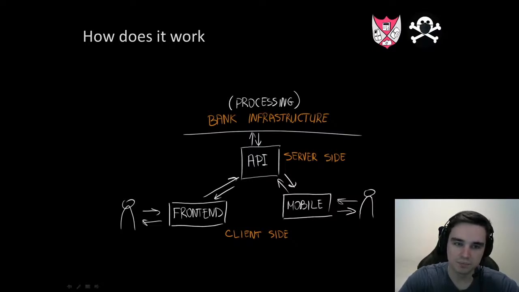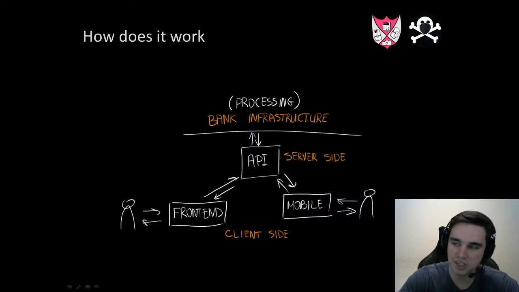And the API is like something in between. It is an application that helps us to work with bank infrastructure. It has API methods, it has some functionality that can be used by the front end and by mobile. After that, it sends requests to bank infrastructure, and there is some magic in bank infrastructure.